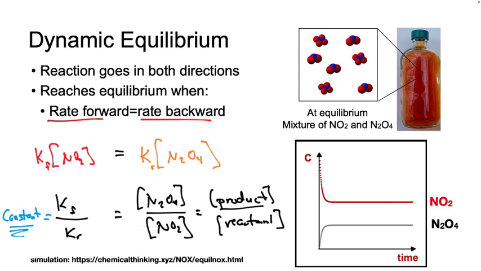What does it mean when I have the rate forward equal to the rate backwards? Big word at the top. I'm at equilibrium. So I could define a constant when I'm at equilibrium.